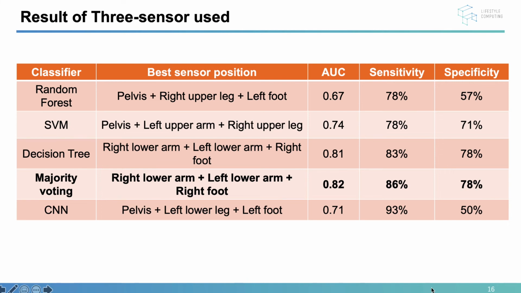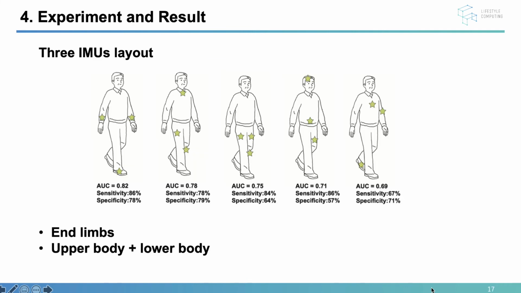This is maybe because the end limbs normally have more intensive movement and cause more variation of the kinematic data, which contains more effective information to discriminate the patients and healthy people.